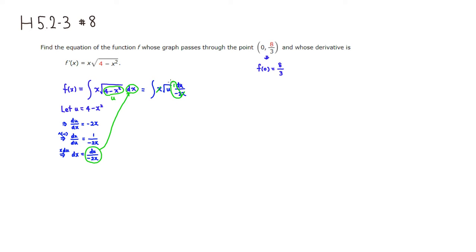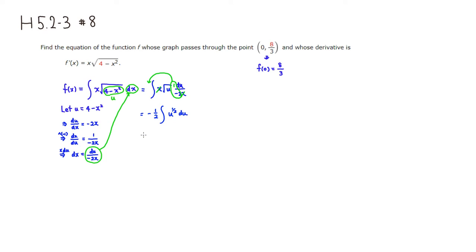That's just a constant, so we can bring it outside of the integral. So this is going to be equal to negative 1/2 times the integral. It's a square root of u, so it's going to be u to the 1/2 power, then we have du.